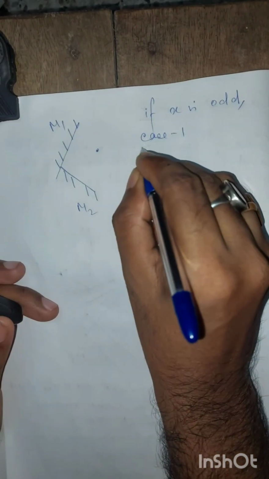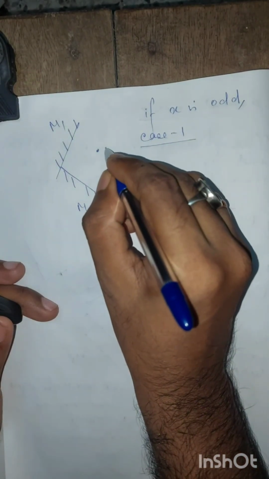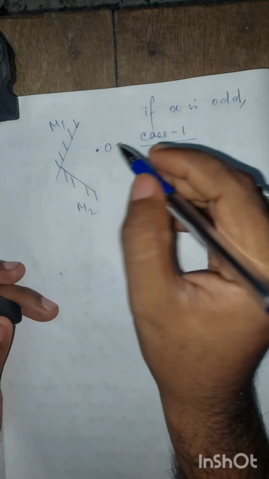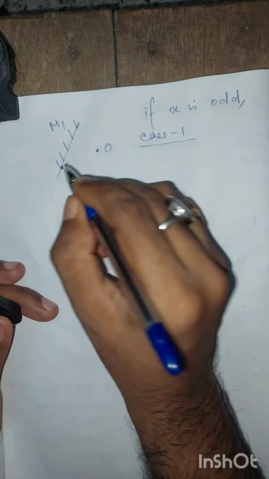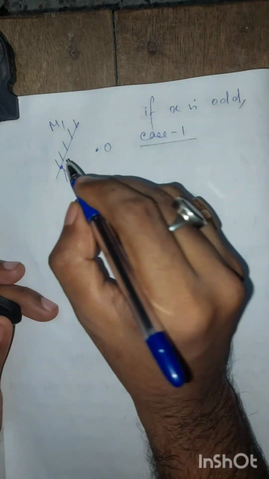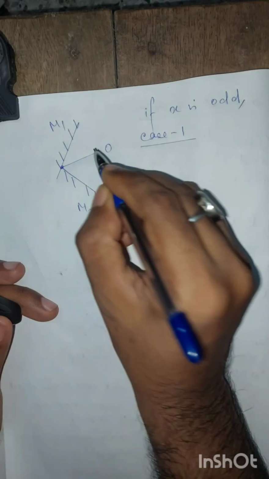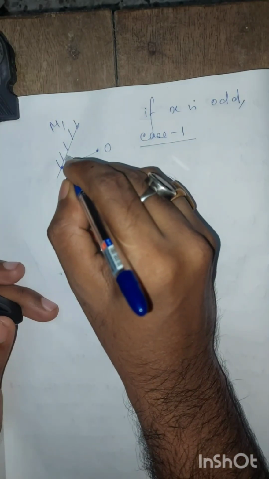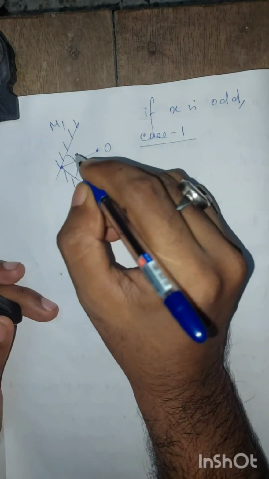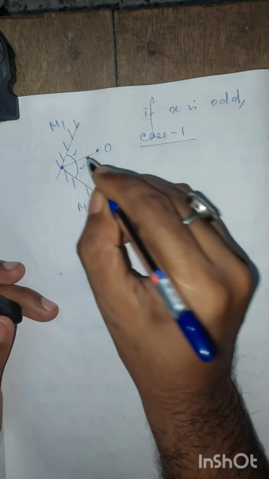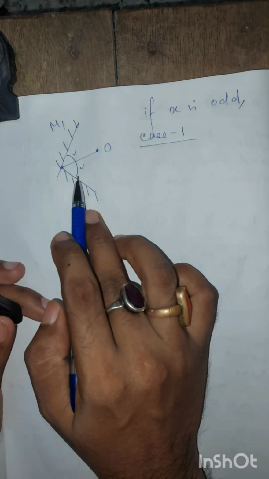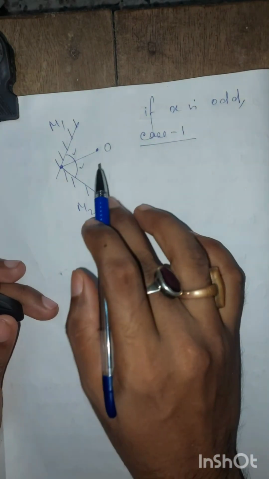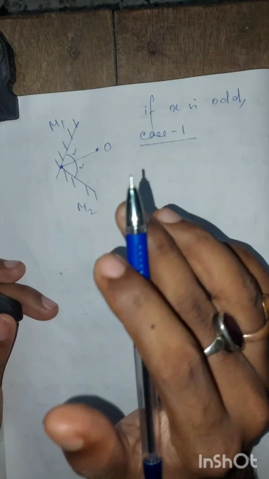Case 1, when the object and the point of intersection, these two points are joined, and this line divides this angle into two equal parts. This angle is equal to this angle. That means the object is placed symmetrically.